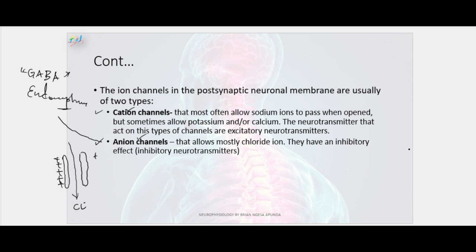So this is an anion channel, positively charged, so that when positive ions attempt to get in, they'll be repelled. So remember that it can easily attract the negative rather than the positive. The opposite, a cation channel, allows positive ions to get in.